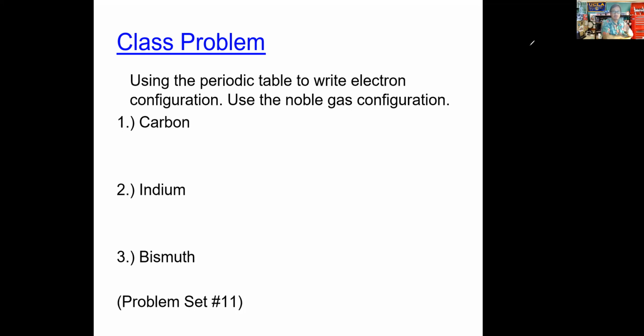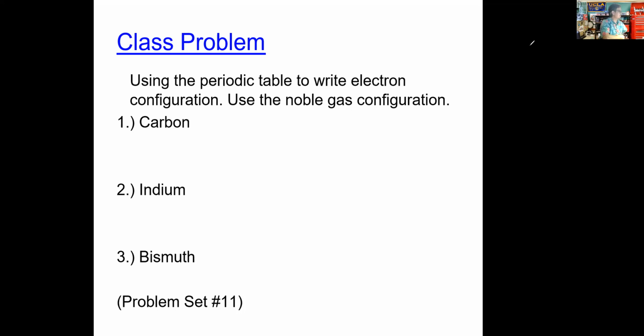However, with the noble gas configuration, we just identify the noble gas that directly precedes the element itself, and then we start our count at the square right after that noble gas.